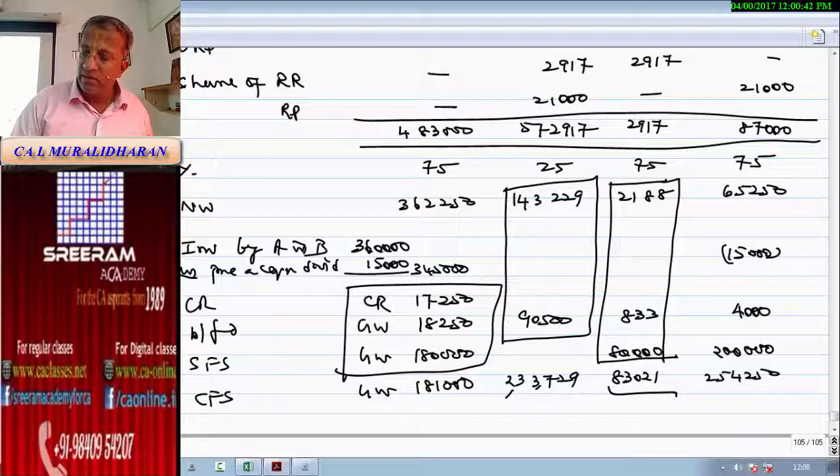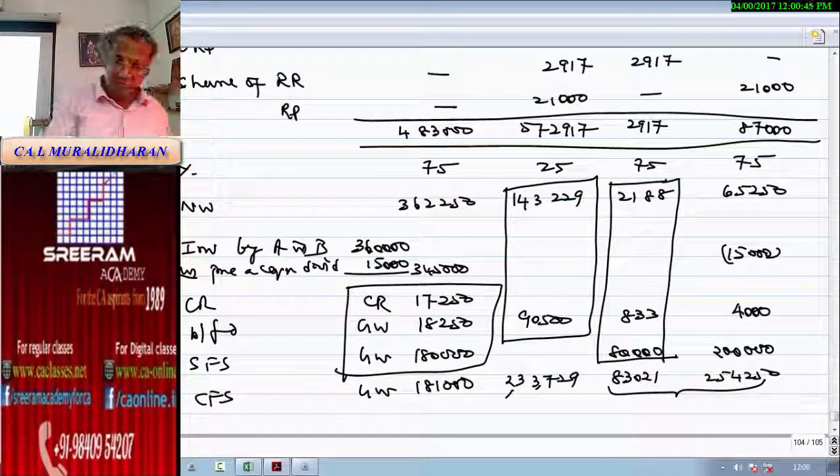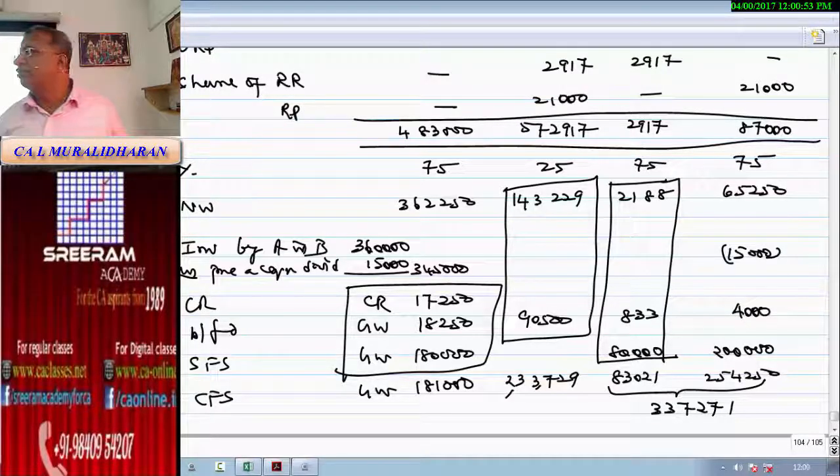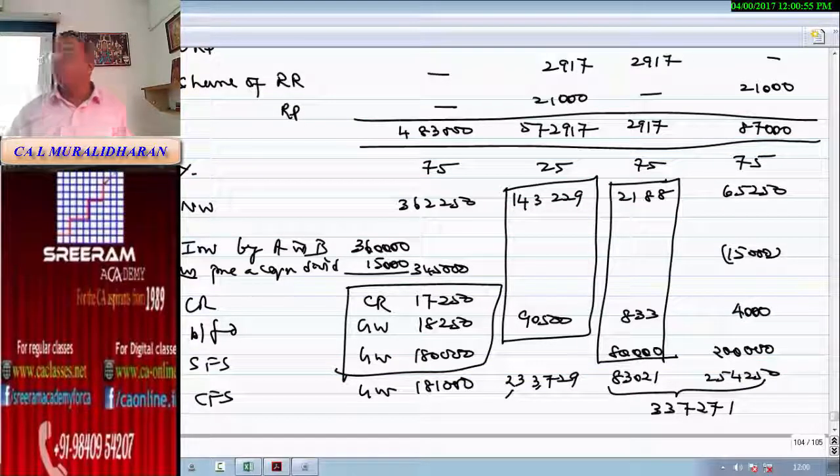Consolidated reserves and surplus 3,37,271. That much only I will do. The remaining consolidation you can do.